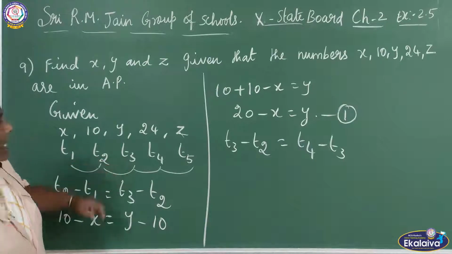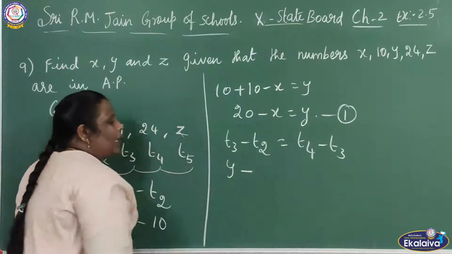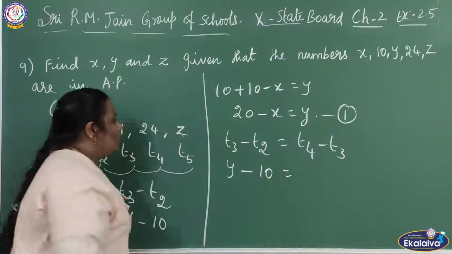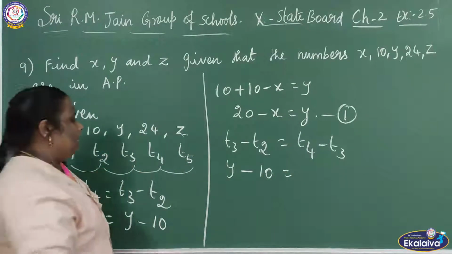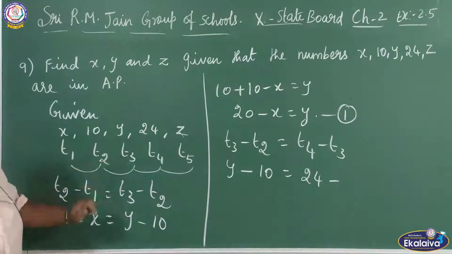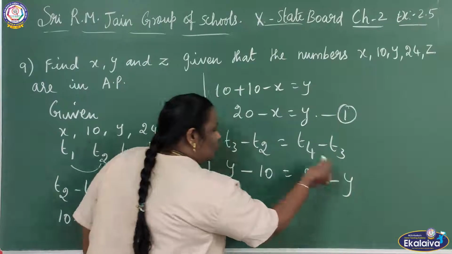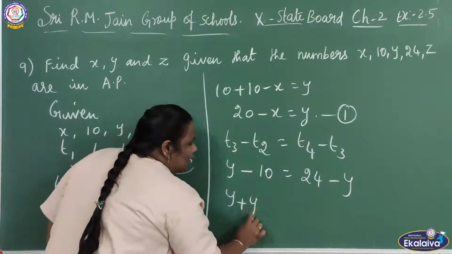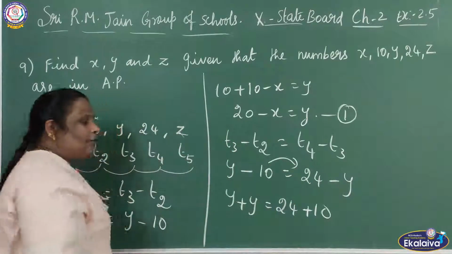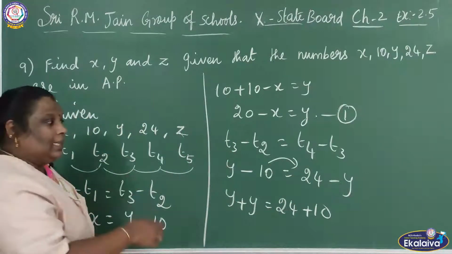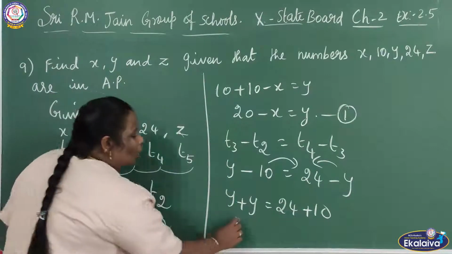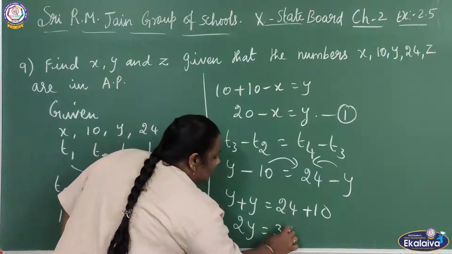What is T3 here? y. Minus T2 value is 10, equal to what is T4? 24, minus T3 value, y. So you can bring it to this side. y plus y equal to 24 plus 10. Minus 10 will go that side, it becomes plus 10. In the same way, minus y becomes plus y. So 2y equal to 34.